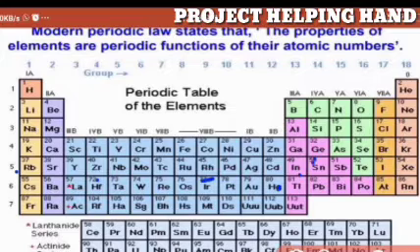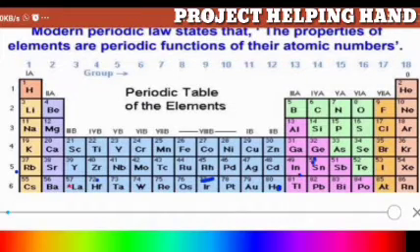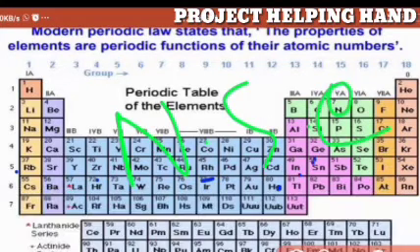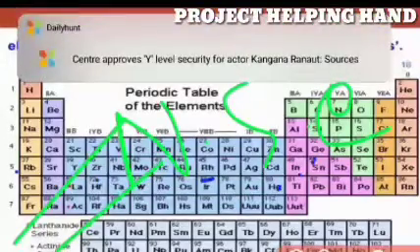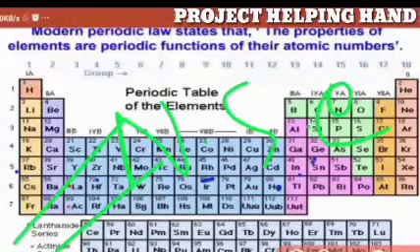In order that there will be no sidewise expansion, the lanthanide and actinide series are placed separately. Why do they place it separately? To avoid sidewise expansion.